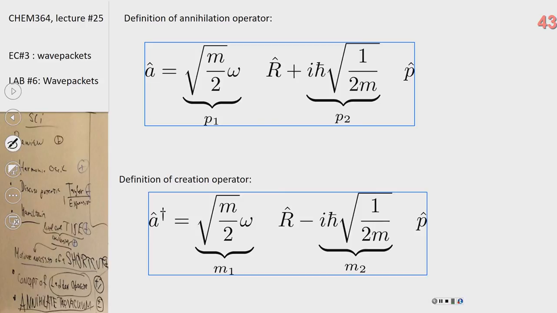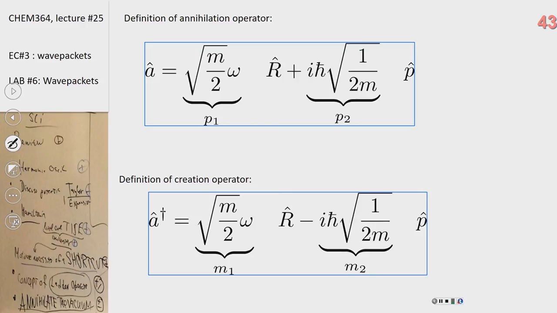And then we are finding two things. First, because of this complex conjugation, it has imaginary unit with different signs for creation and annihilation. In everything else, they are identical. So the coefficient in front of position is square root of mass and frequency, and this one over square root of mass.